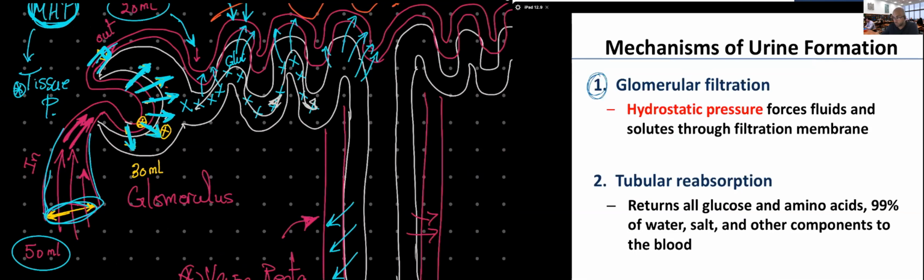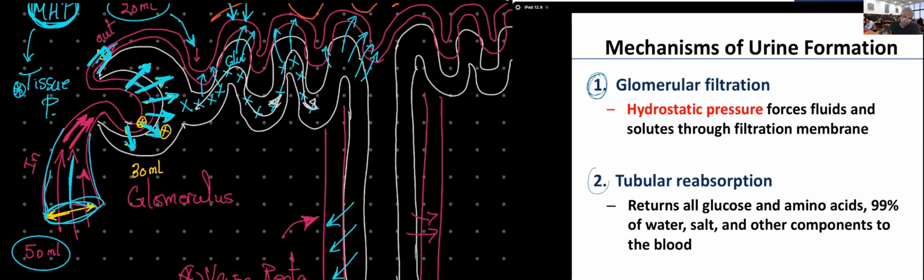So having high resistance creates greater hydrostatic pressure. The force of the fluid moving in here is going to be driving the fluid out of the glomerular vessels into the Bowman's capsule.